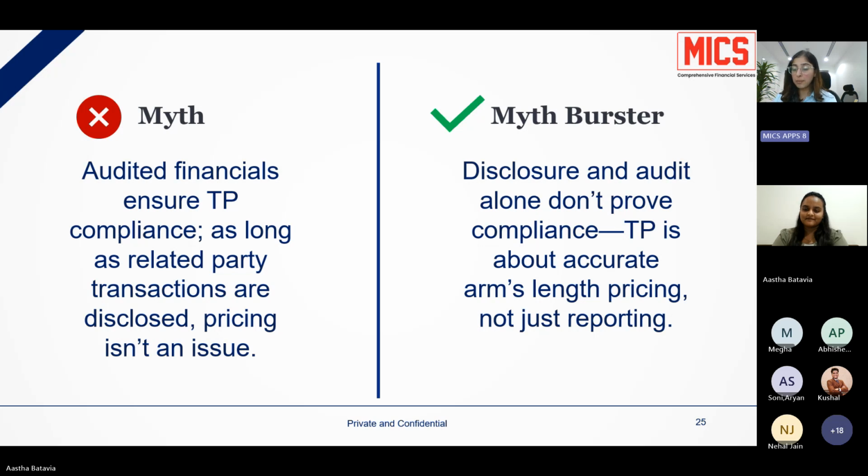Do you have the supporting benchmarks for the transactions you have entered? If all of this is already in place, please go and share it with your auditor. If it is not in place, then please do not assume that whatever the auditor is disclosing in the financial statements is correct. You would have to undertake the TP exercise, and basis the TP exercise, if you have any adjustments, you will have a responsibility to disclose that in your return of income.